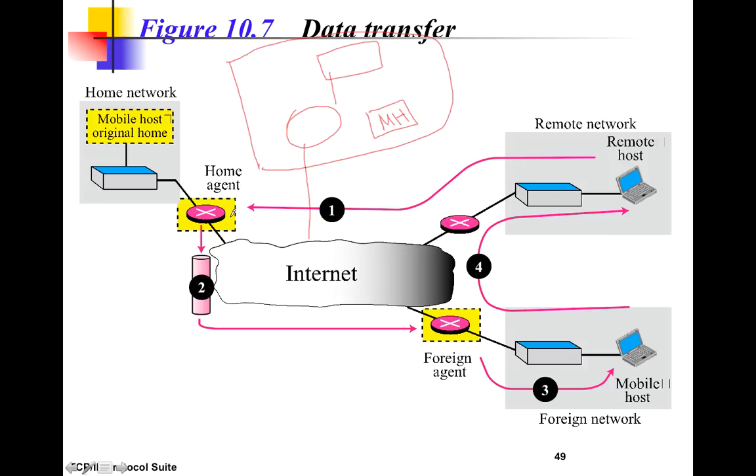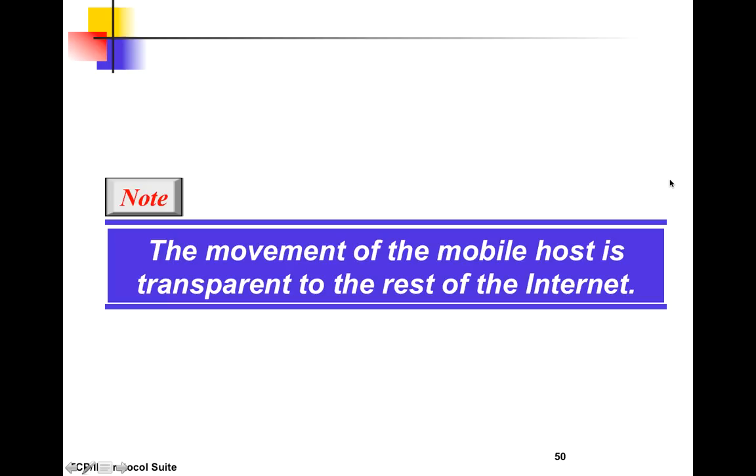Even in this case, whenever the packet comes from the remote host, the home agent will still forward it to the foreign agent, and then the foreign agent will send it to the mobile host. So in this way, your remote host does not need to know where the mobile is. It will always send the packet to the home agent. So the movement of the mobile is transparent to the rest of the internet.